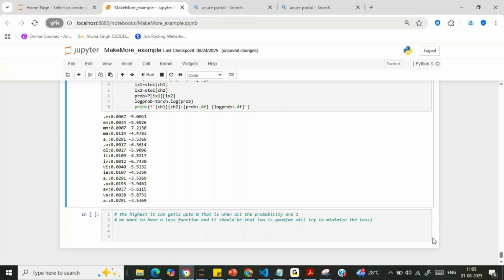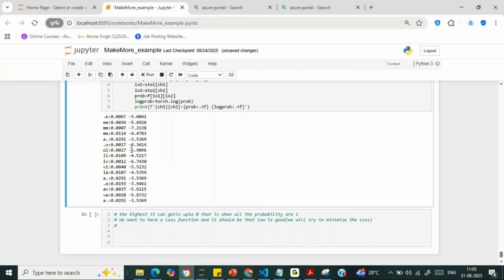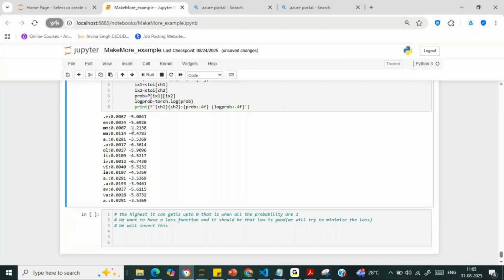Okay, so what we will do over here, we will invert this. -5 and -7: -5 is good if we compare it with -7, and -3 is good if we compare it with -5.